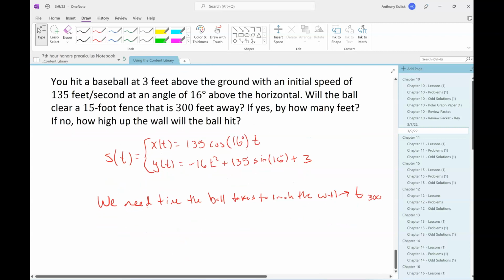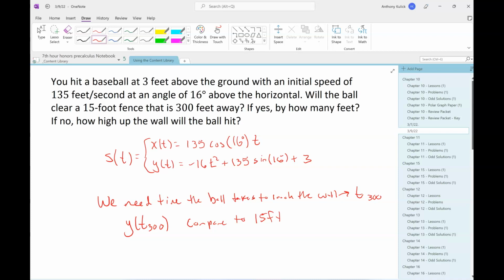So to figure out how long it's going to take the ball to go 300 feet, once we have that time, we can just plug it into the Y and compare that to the height of the wall, right? Everybody's okay there?